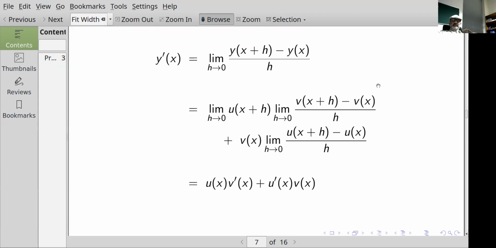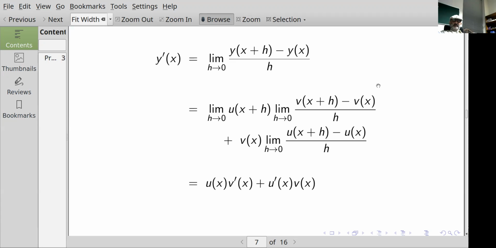Now u of x plus h, u is differentiable at x, so it's continuous at x. So the limit as h goes to 0 of u of x plus h is just u of x. The limit as h goes to 0 of the difference quotient for v is the derivative of v at x, plus v of x times the limit of the difference quotient for u, which is the derivative of u at x.